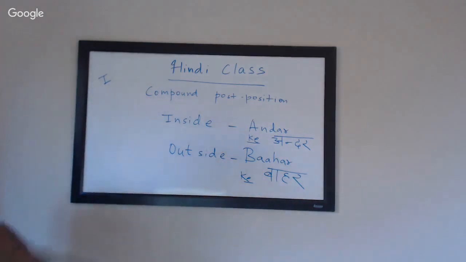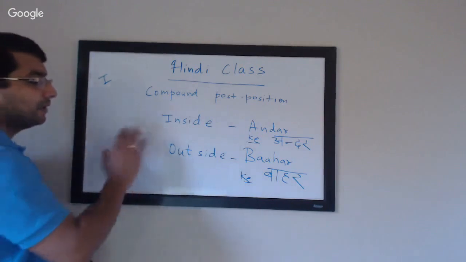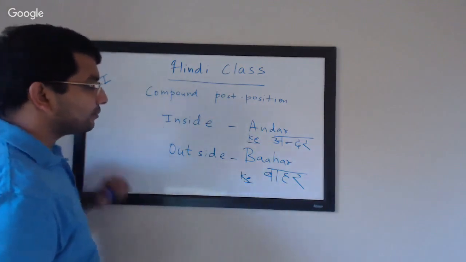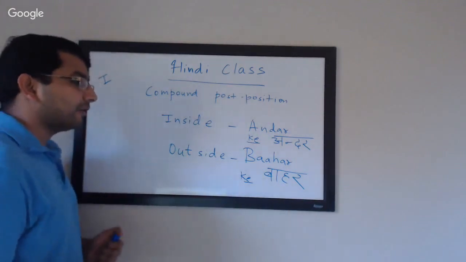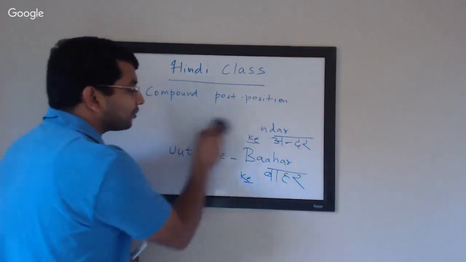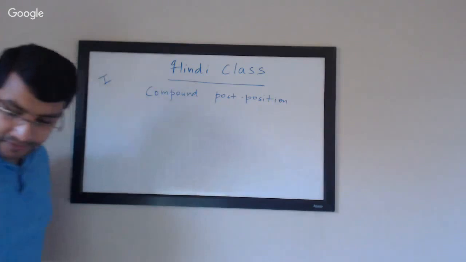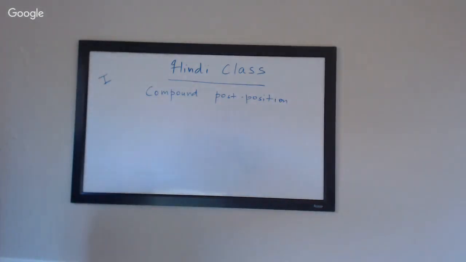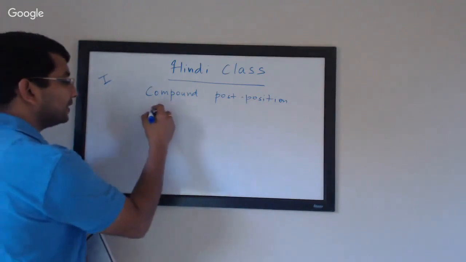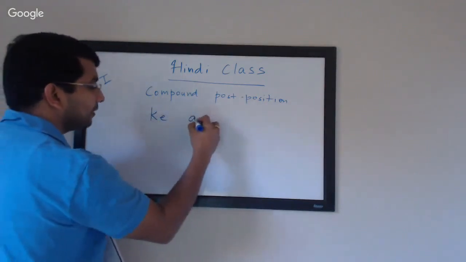So throughout the class, we'll try to use these compound postpositions in different contexts, and we'll build on top of it. So let's start with ke andar, and then we'll go to ke bahar.